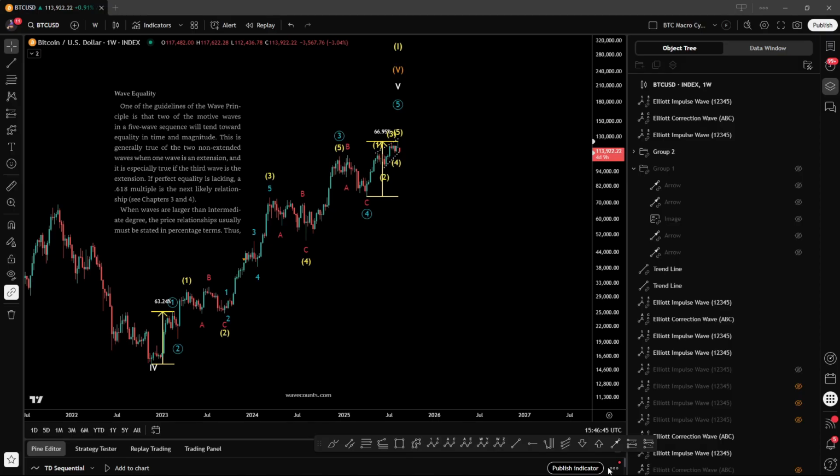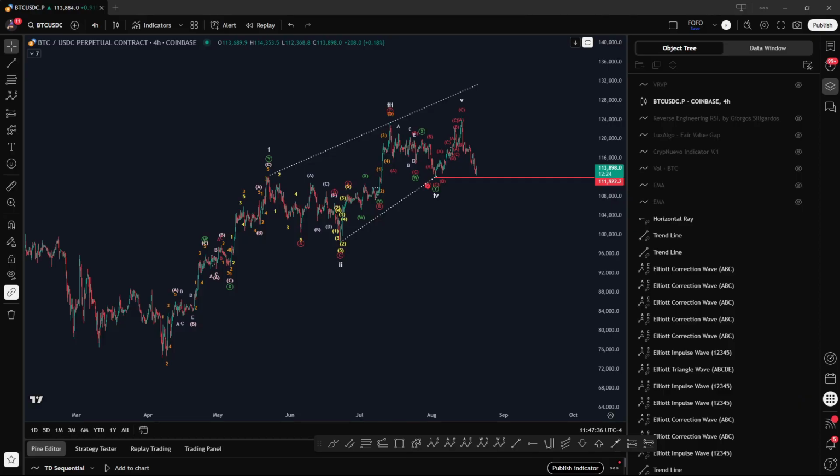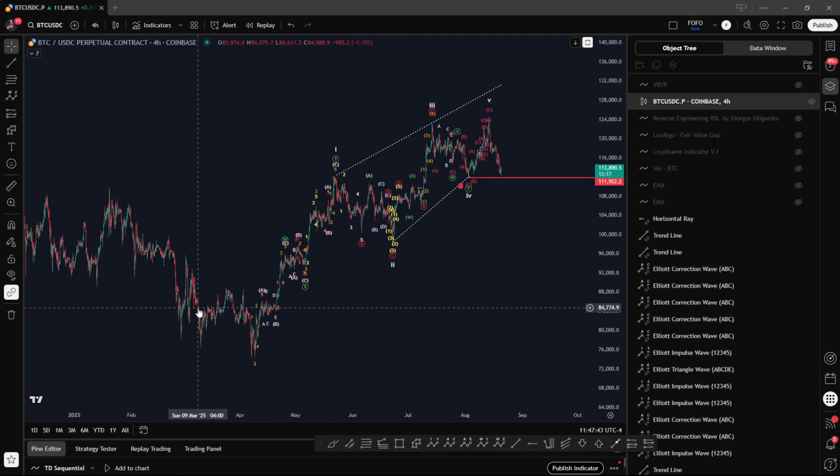So I'm going to bring up another chart. I'm going to pause you real quick, and we're going to deep dive into this final wave, which I have labeled as a diagonal. Okay. This is a deep dive down now into just that final wave.